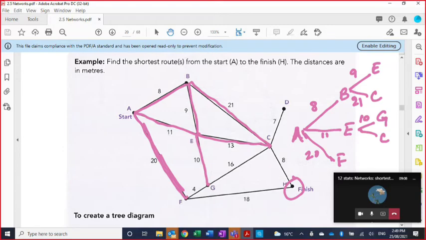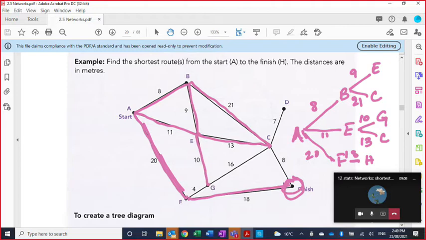From E to G is 10. From E to C is 13. From F, now there's no point in me going up to G because here's H, that's where I want to finish, so I can just go straight on to H. And that's 18, right? Now, that path is finished, but the others are not.